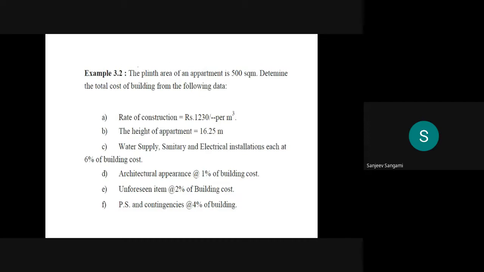Then the second problem: the plinth area of an apartment is 500 square meter. Determine the total cost of the building from the following data. The rate of construction is Rs 1230 per meter cube.